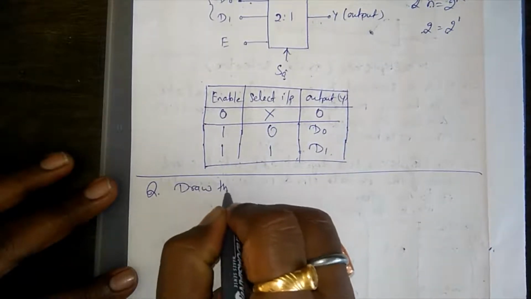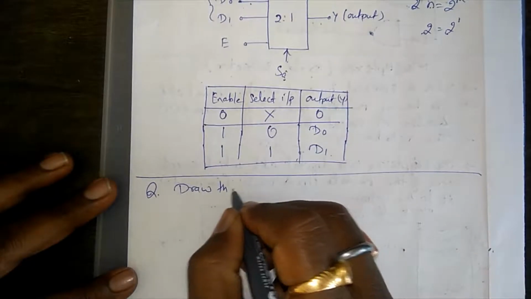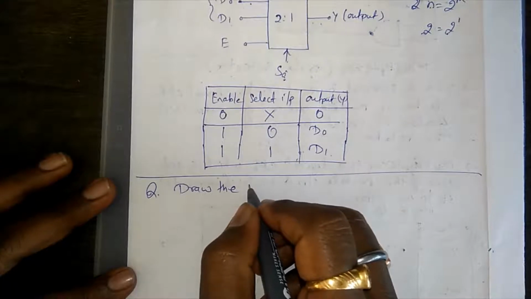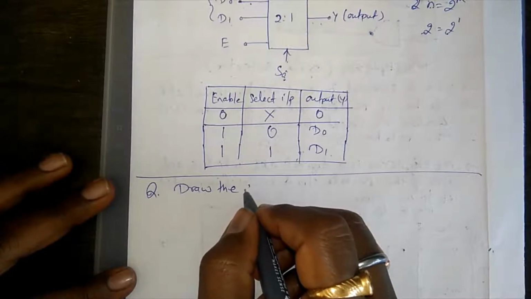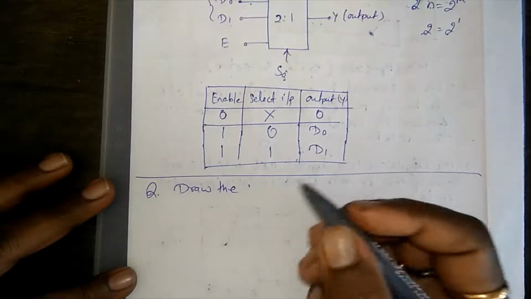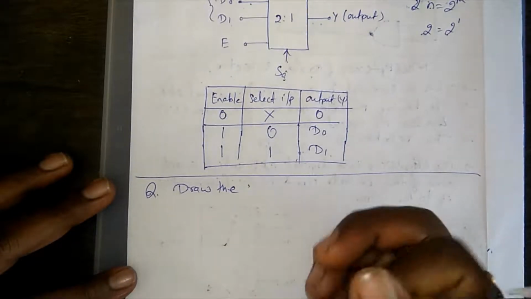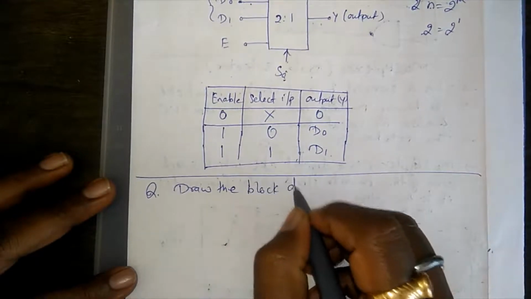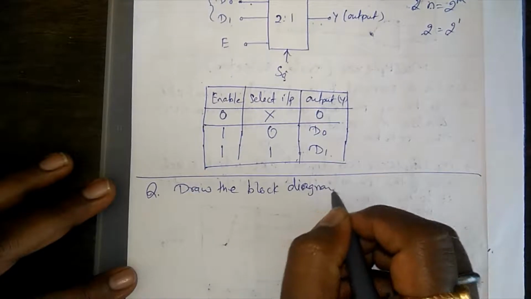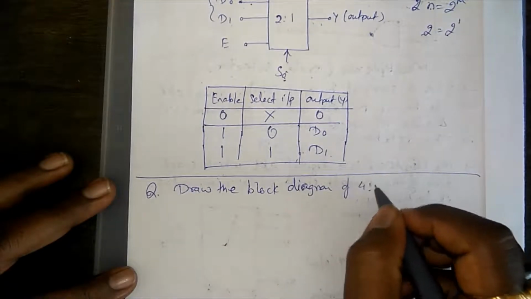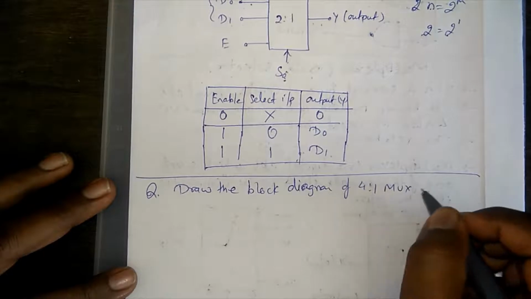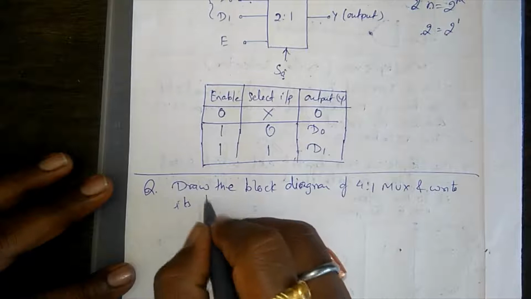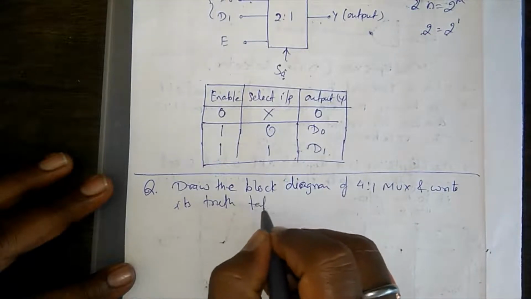Draw the symbol, draw the block diagram of 4:1 mux and write its truth table.